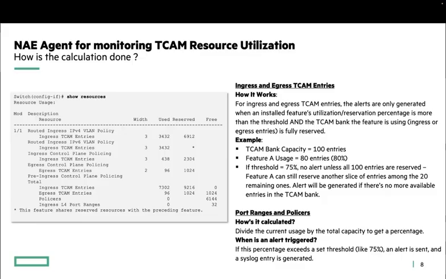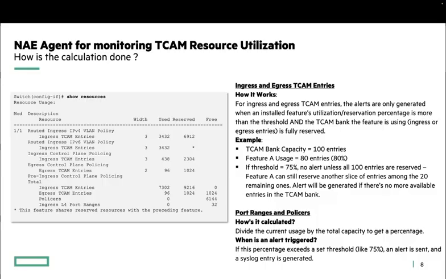So how is this calculation done? There are two aspects to keep in mind. First, regarding the ingress and egress TCAM entries, the alerts are generated based on the TCAM bank capability. The agent will generate an alert for a feature utilization only if the TCAM bank is completely resolved, meaning there are no free entries in the TCAM.